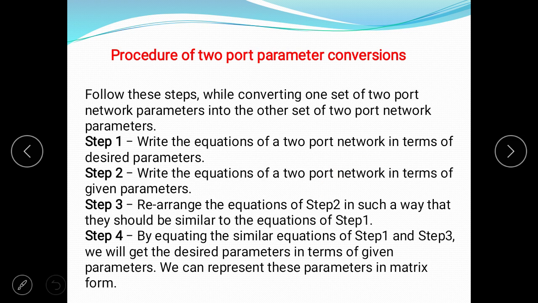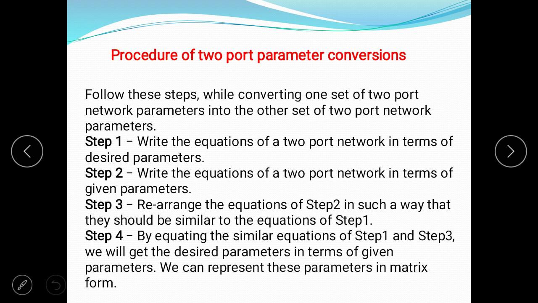So now we recall the procedure of conversion of two-port network parameters. The steps are: first, we write the equation of a two-port network in terms of the desired parameter. Second, we write the equation of the two-port network in terms of the given parameters.